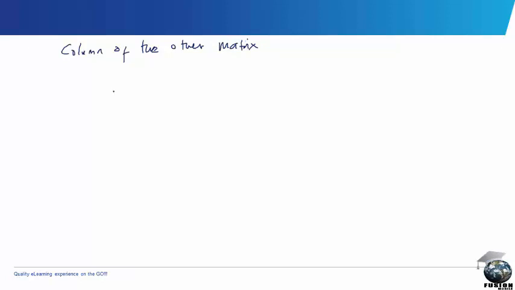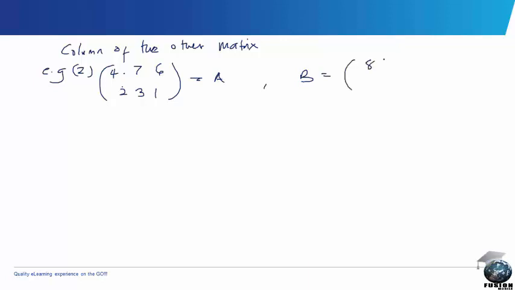Alright, and so we use example 2 to illustrate this. In example 2, we have a matrix A with elements 4 7 6 2 3 1, and then matrix B is equal to 8 5 and 9.